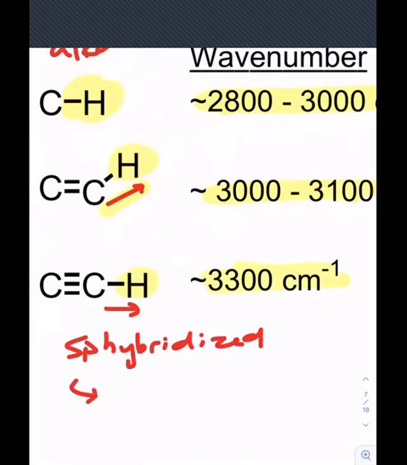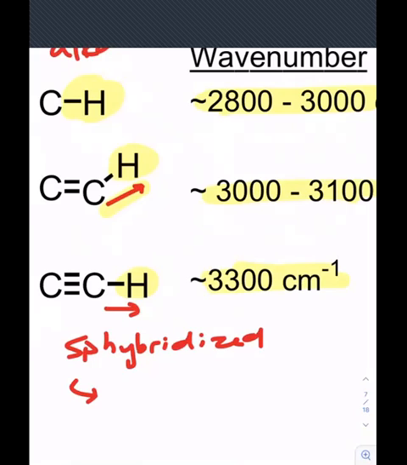Right, what that means is that the carbon is more electronegative. So that CH bond is very short. So remember I said earlier, the bigger the number, the more energy it takes to get that bond to vibrate and to match, right, with whatever the frequency is being bombarded with. So it takes high frequency infrared radiation to get this bond to absorb. And so the shorter and the stronger the bond is, the more energy it takes to get that bond to vibrate, right?